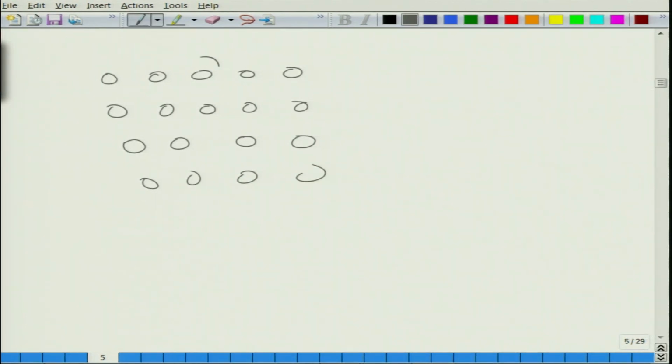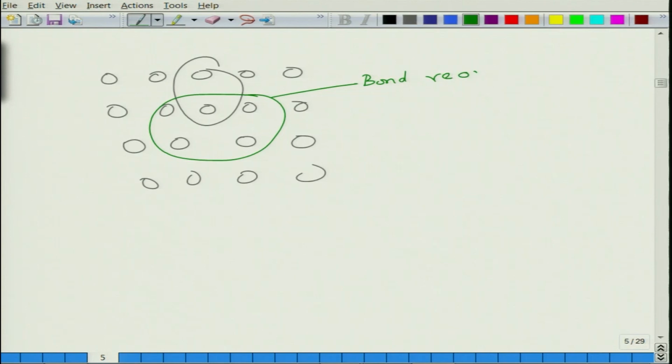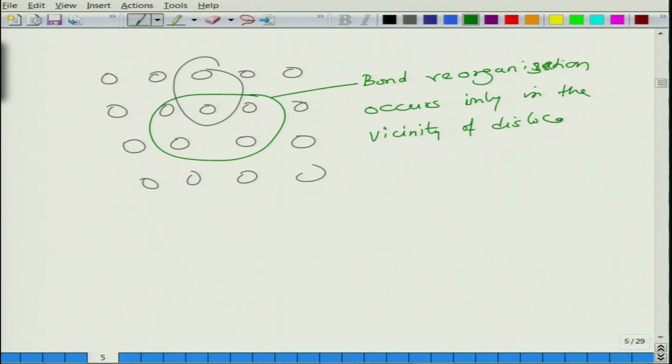When you move this extra row of atoms, it is not the whole plane that moves, it is only this group of atoms where the bond reorganization occurs, only in the vicinity of the dislocation line, not in the whole plane.